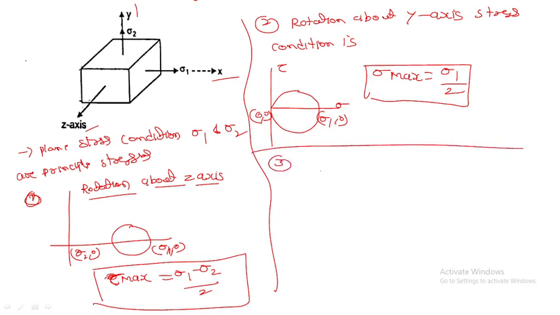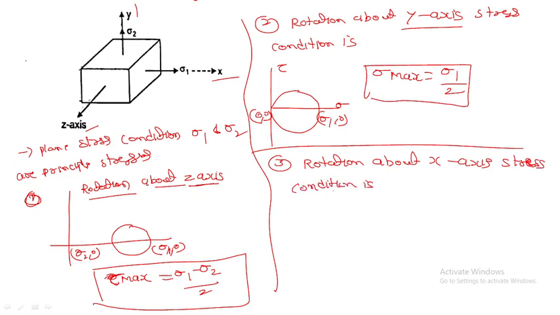Third one, for rotation about x axis. For the first one it is rotation about z axis, this is y axis, and next is rotation about x axis. So what is the stress condition?